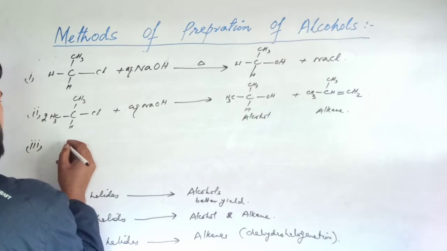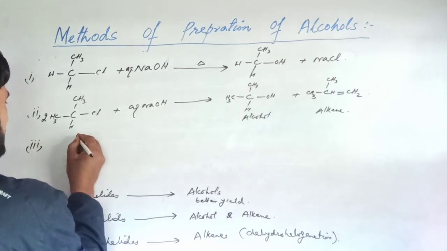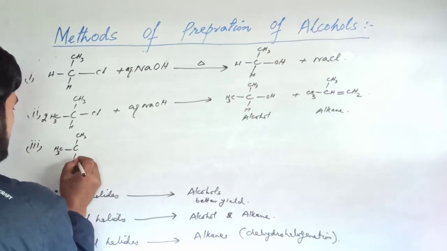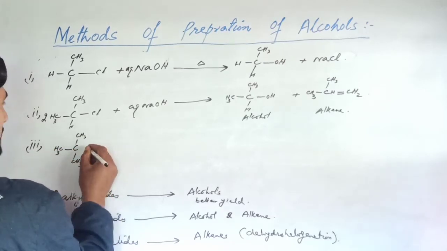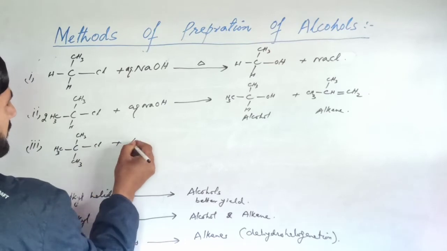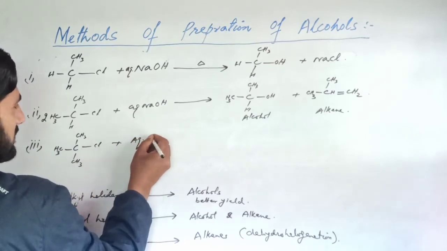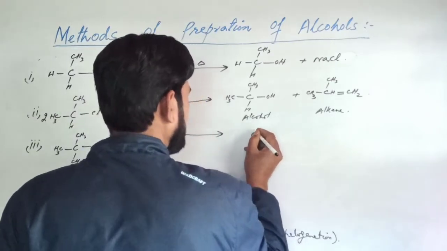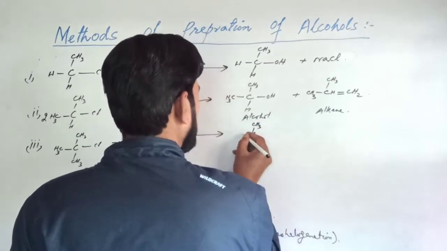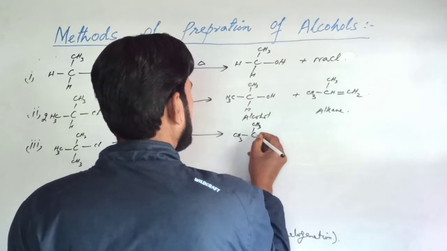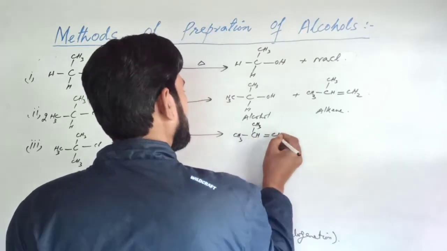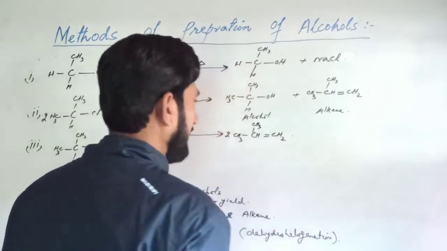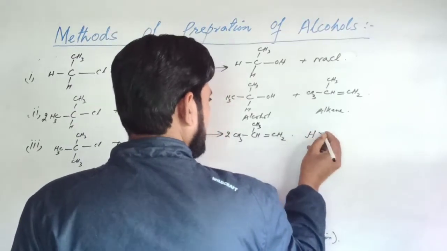Tertiary alkyl halide gives only alkene, due to dehydrohalogenation.